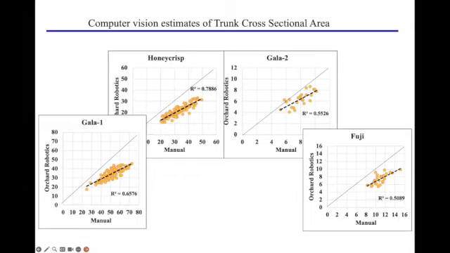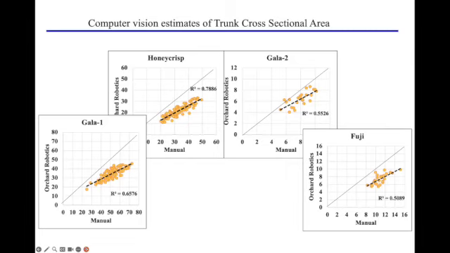Now, we did this study with a company to look at measuring trunk cross-sectional area this year. We did 4 varieties. And these graphs show the manual measurements of trunk cross-sectional area versus the computer vision calculation of it. And you can see that in all cases, the computer vision system was slightly different than the manual system.